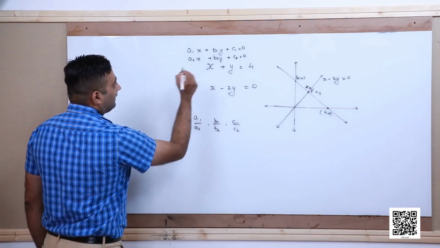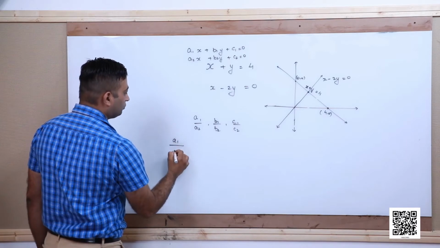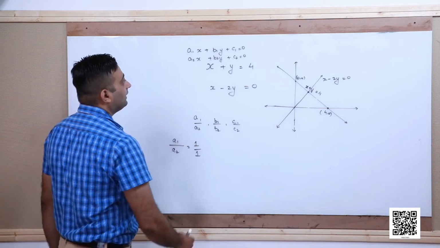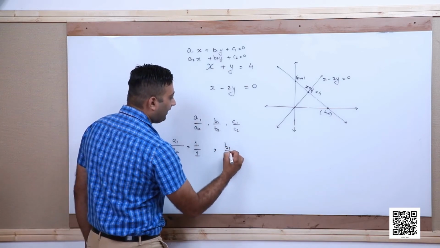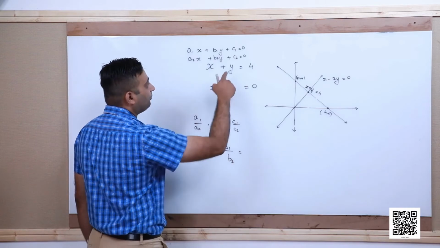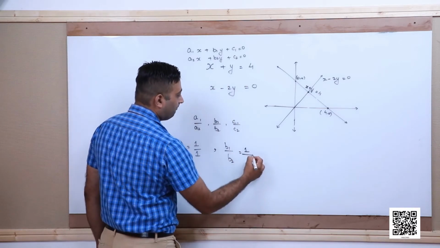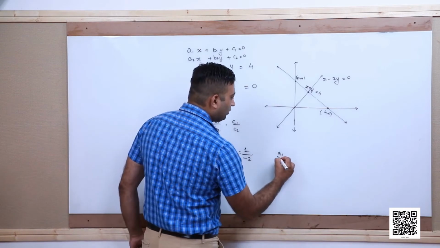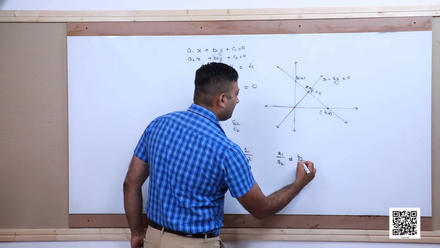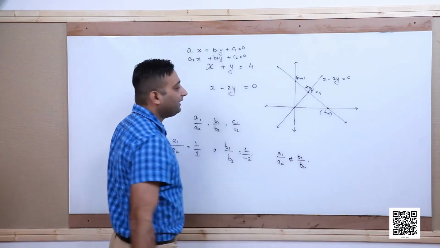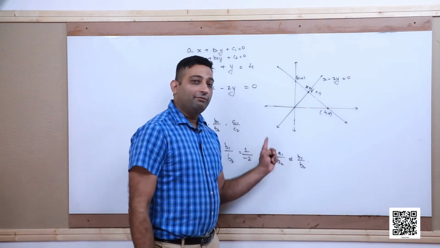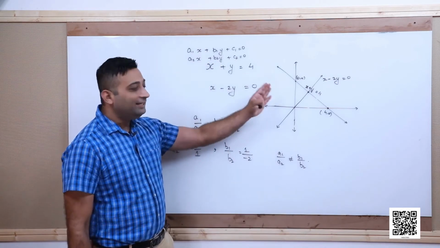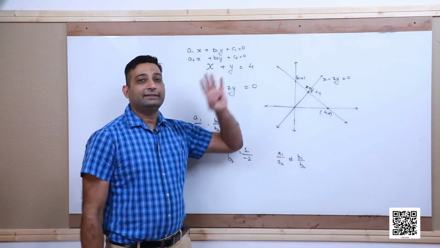Now, a1 is 1 and a2 is also 1, so a1/a2 is equal to 1. Now, let us compare b1/b2. b1 is 1 and b2 is -2. We can clearly see that a1/a2 is not equal to b1/b2. So, when the ratio a1/a2 is not equal to b1/b2, the graphs of these linear equations will intersect.